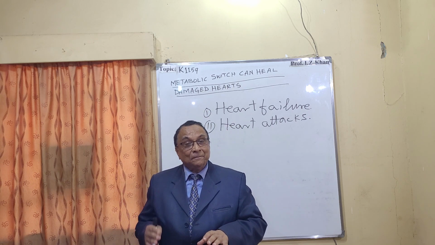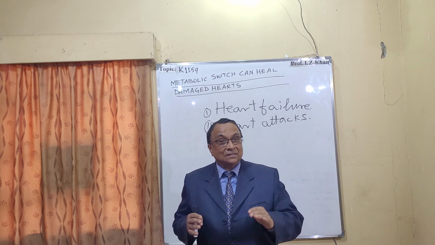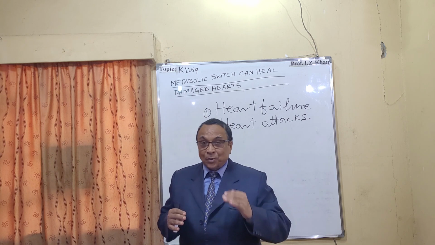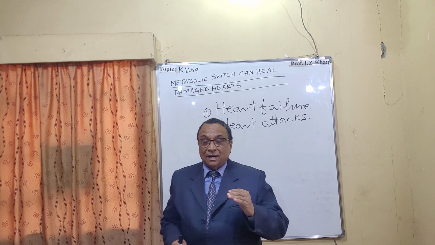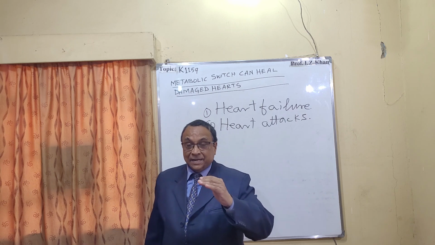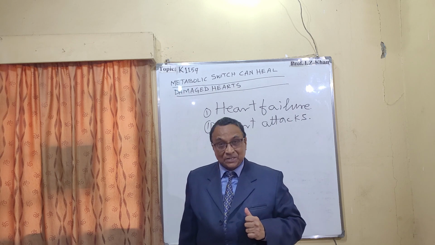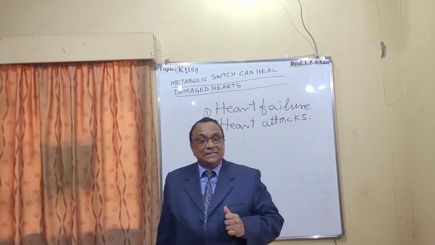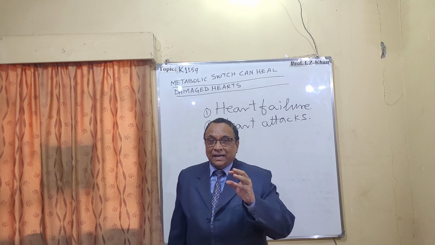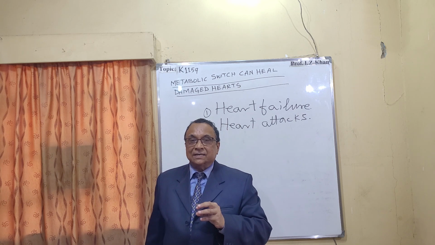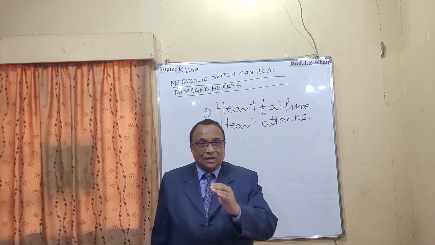And why? Once you have a blockage in the arteries which are supplying blood to your cardiac muscles, your heart, oxygen is not reaching that area, and immediately these cells start dying.